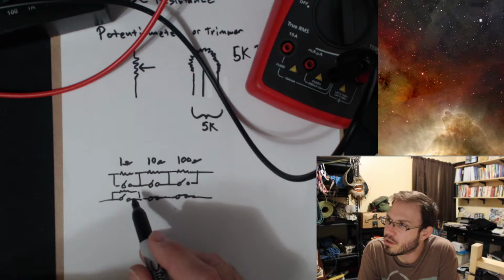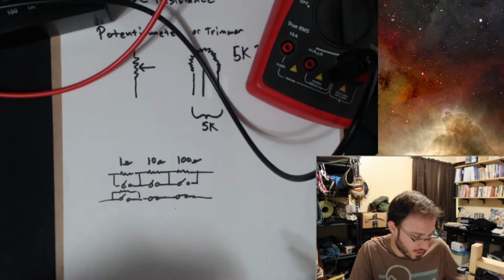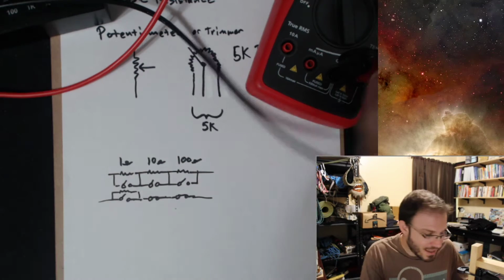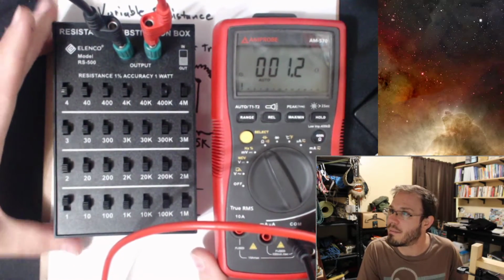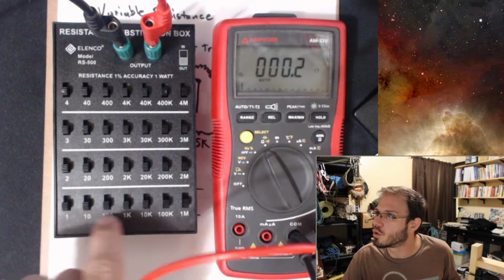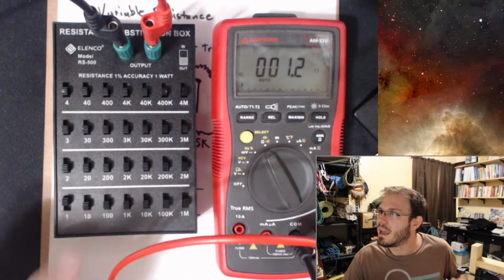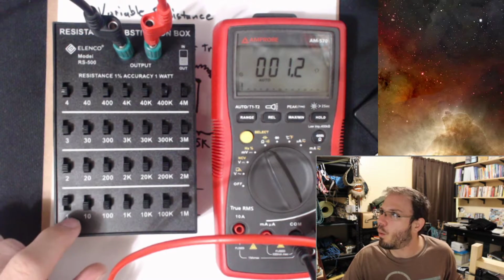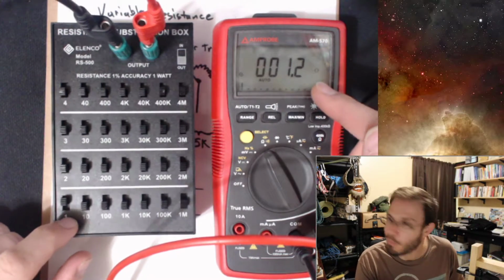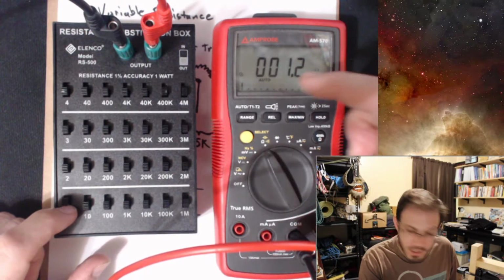Whenever I flip the switch up, I'm enabling those resistors, and we can see that in the box and on the meter at the same time. They're all shorted out now, so I have a direct short across from this terminal to this terminal. I open up the switch and now that 1 ohm is allowed to operate, and so I get 1.2 ohms, 0.2 being my error.